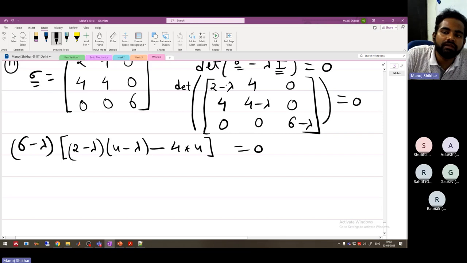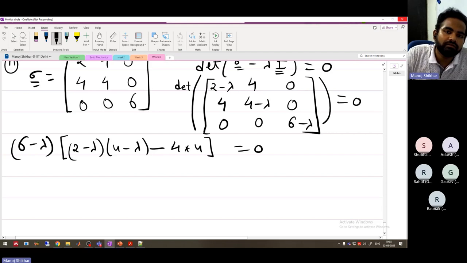Otherwise, if I had followed the first row, as students normally do, first I have to write 2 minus lambda into this product, then minus 4 times whatever it is. So you can do it either way, it's up to you.